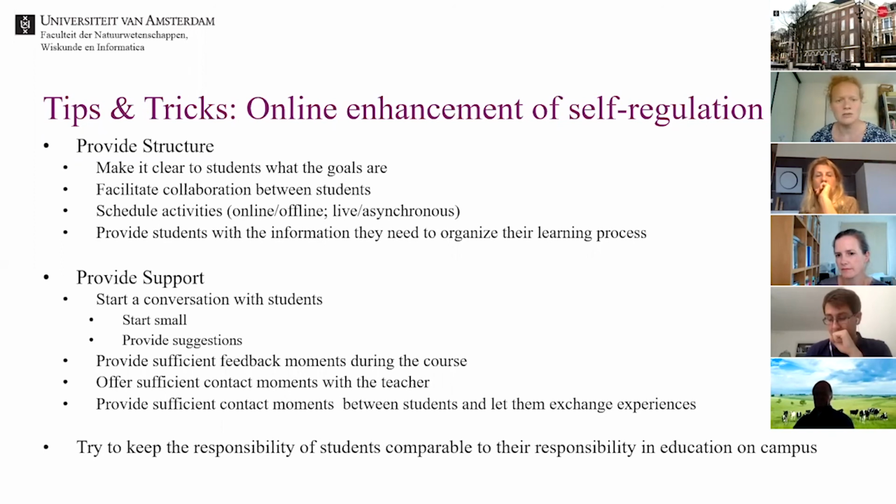Usually we only schedule the activities that they have to go to, but we notice that they really need a little bit more help in scheduling. So you might also consider scheduling online activities which you do together, or give them tools or platforms, or show them how they can do this.